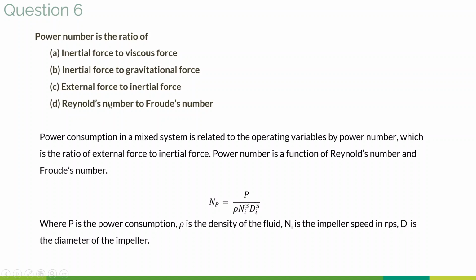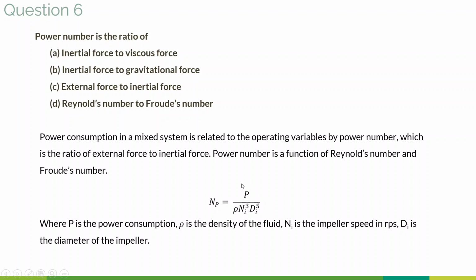So it is not the ratio of Reynolds number to the Froude's number, it is a function of this Reynolds number and Froude's number, and a power number can be denoted as NP here, which is equal to P divided by rho Ni cube di power 5, where P is the power consumption in the system, rho is the density of the fluid, Ni is the speed of the impeller in revolutions per second, and di is the diameter of the impeller.